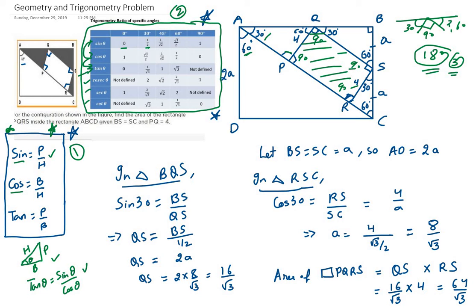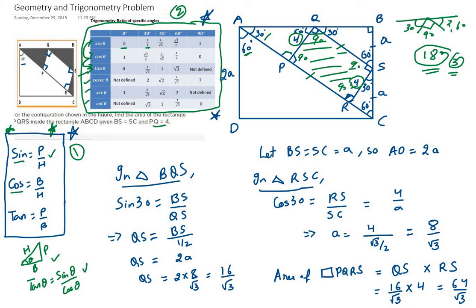For figuring out the area, we need to know the length and the breadth of this rectangle. PQ is already given to be 4, and because the opposite sides of a rectangle are equal, RS is also 4. This we know. So we have to figure out either QS or PR.